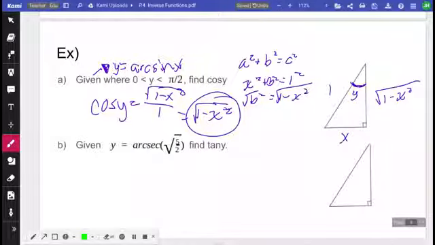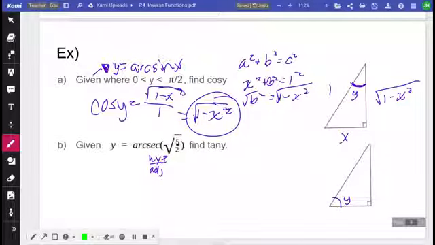Same thing here. I gave you all the information this time. And we have y equals arcsecant, so the secant inverse, of root 5 over 2. Again, y is my angle. You can pick any of these angles. Let's just switch it for fun to be y. Secant, if you remember, is 1 over cosine, or cosine flipped. So instead of being adjacent over hypotenuse, it's going to be hypotenuse over adjacent.